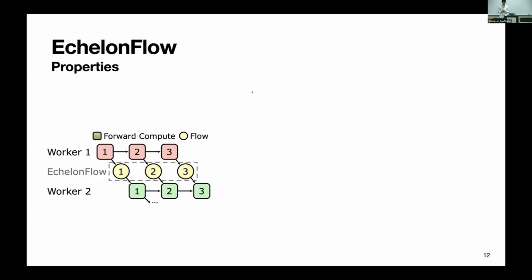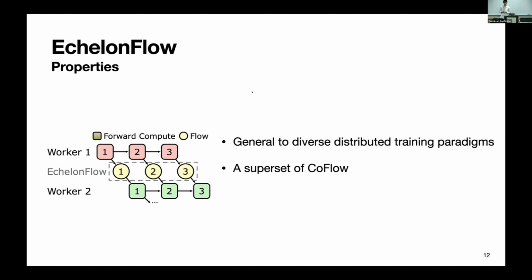As a quick recap, echelon flow is a generic network abstraction for a diverse set of distributed training paradigms. It is a superset of CoFlow, which entails that existing CoFlow scheduling algorithms can be extended to echelon flow scheduling fairly easily, and they have the same complexity.